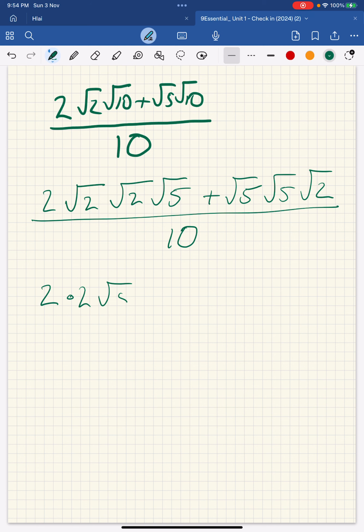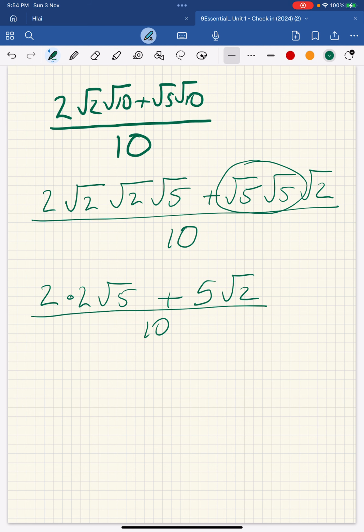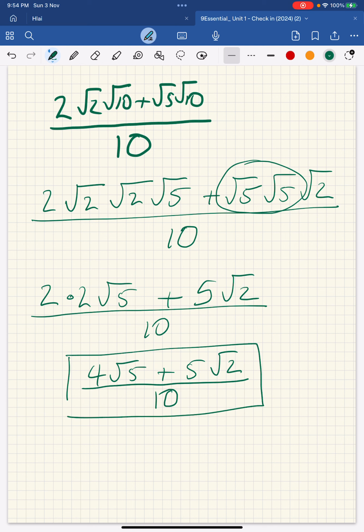Then times root 5. And in a similar way, can you see that root 5 times root 5 is 5. And that is over 10. And now I have 4 times root 5 plus 5 times root 2, all divided by 10. And that would be your final answer.